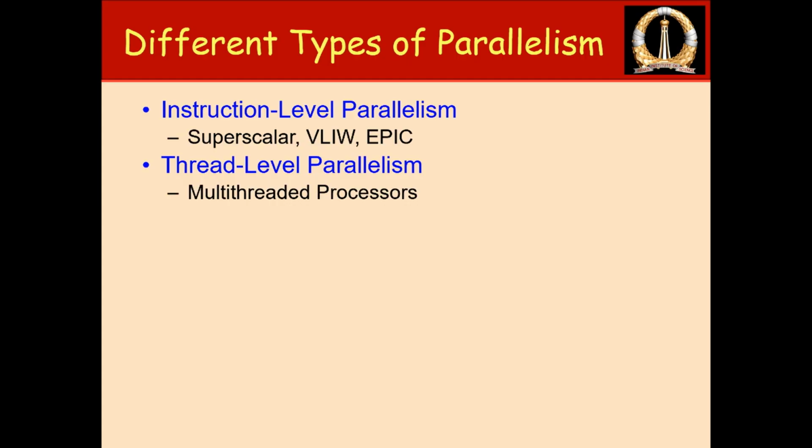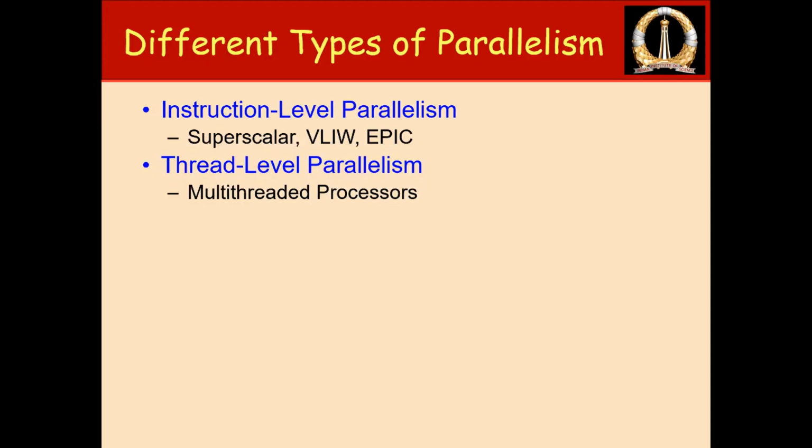Then there is thread level parallelism, which is taking advantage of multiple threads. Every Intel or AMD processor these days has either hyper-threading in Intel, which is the marketing name, or simultaneous multi-threading in AMD. Here they divide the processor into two threads, and those two threads can execute in parallel.